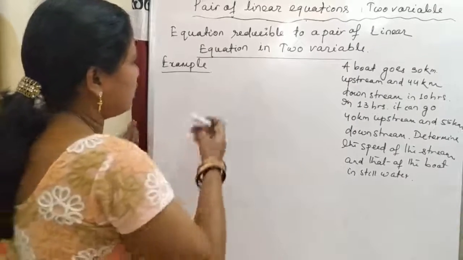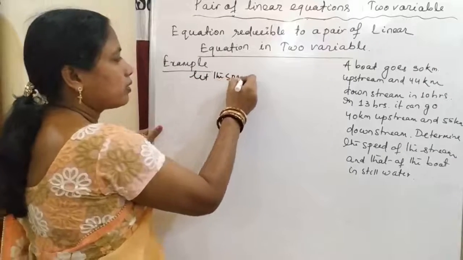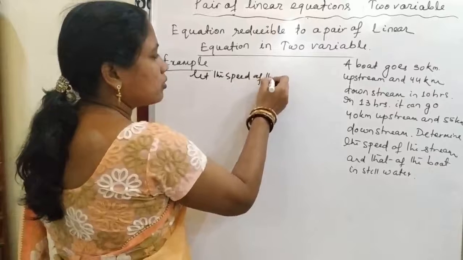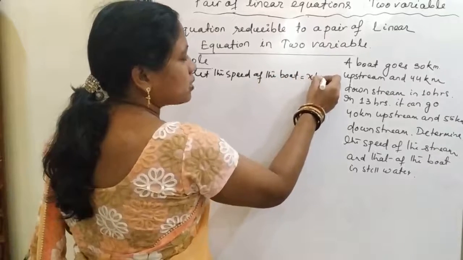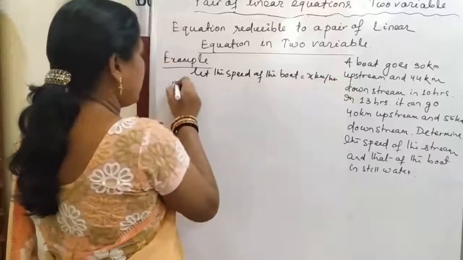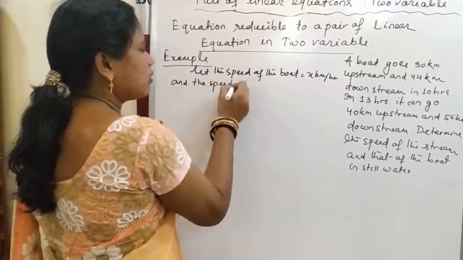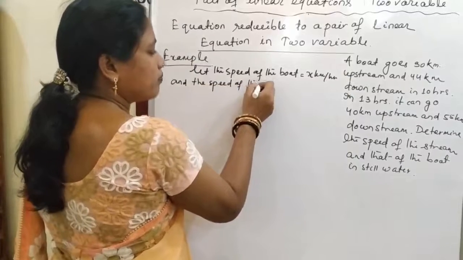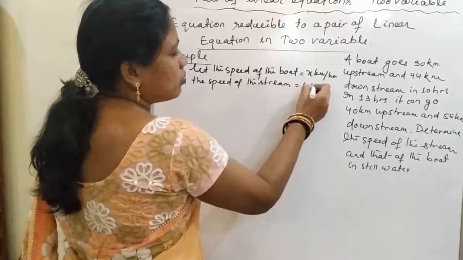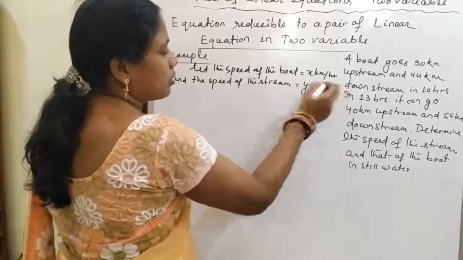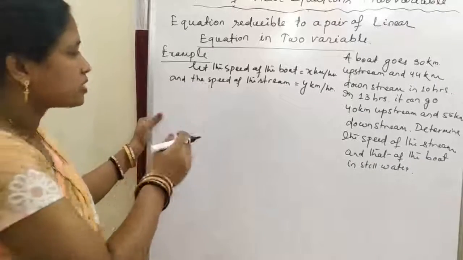So here let the speed of the boat in still water be x km per hour and the speed of the stream be y km per hour. So what is the speed of the boat upstream?